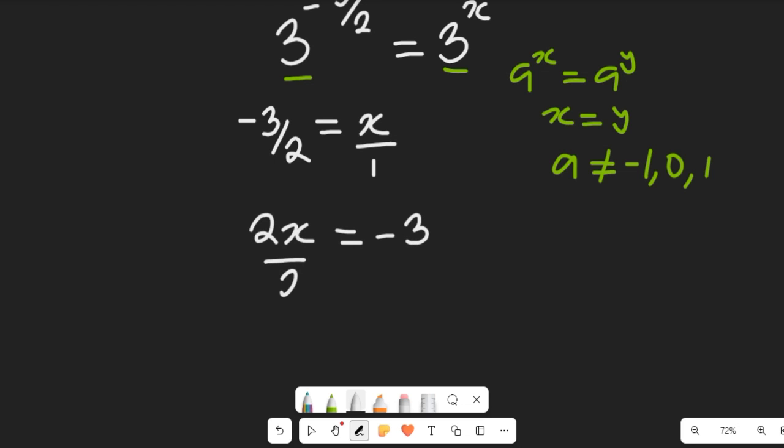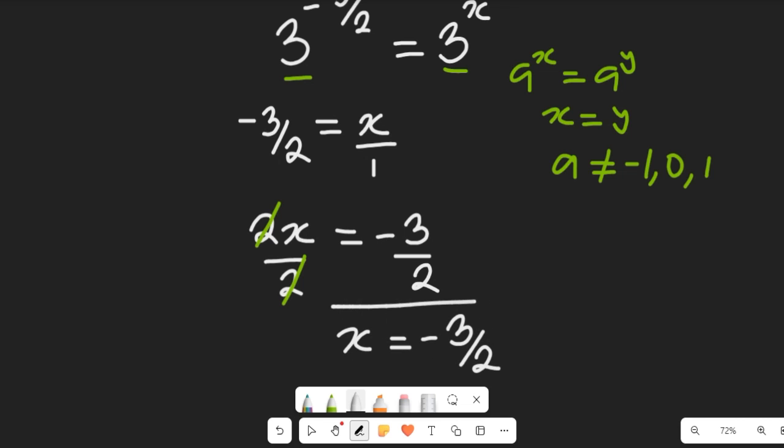Dividing both sides by 2, I'll have 2 clearing 2, and then the value of my x will be equal to negative 3 divided by 2, and that is the solution to that expression given to us there. So you see, this is the solution.